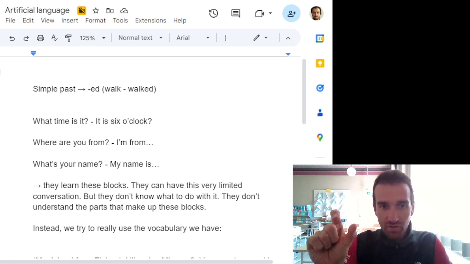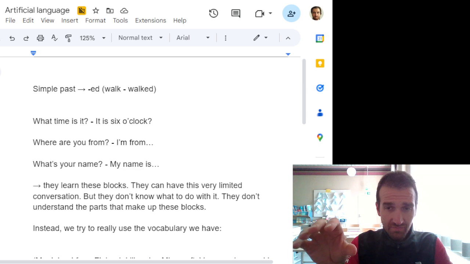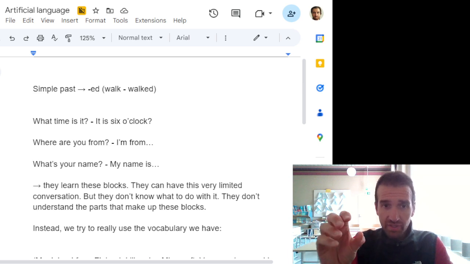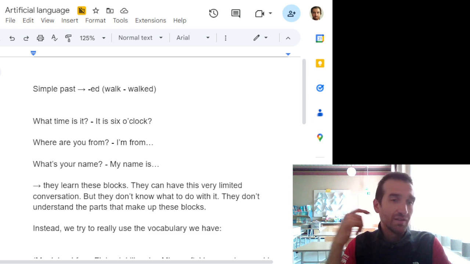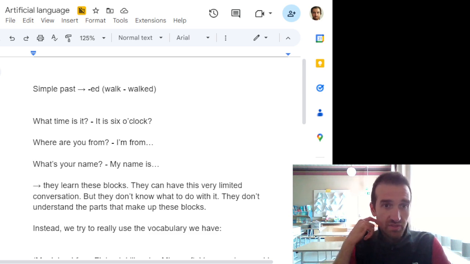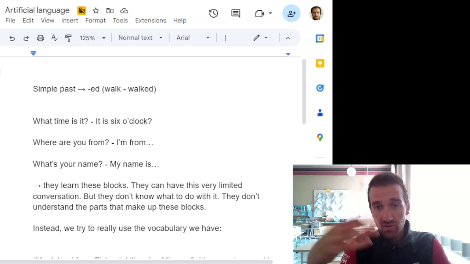They know these blocks and they can have a very limited conversation using these blocks. But they don't understand the parts that make up these blocks. They don't understand what it and are and so on are.